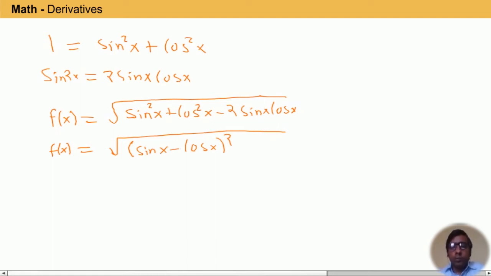Okay. So now we know that a minus b whole square is the same as b minus a whole square. So we can write it like sin x minus cos x whole square, but we know that square root of y square is equal to mod of y. So instead of writing sin x minus cos x, we will write it as mod of sin x minus cos x.